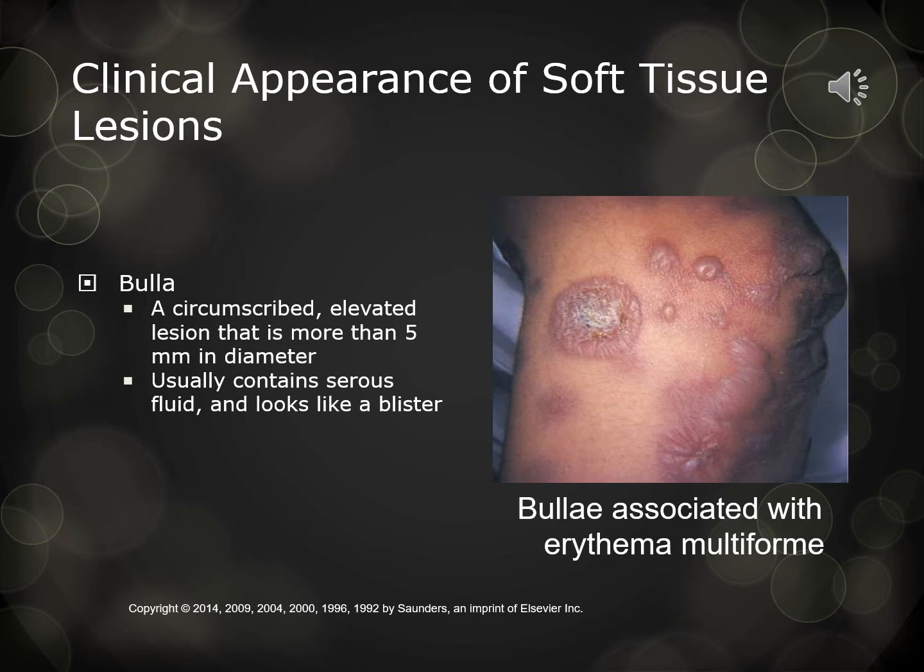When they're grouped together, it's called bullae, and this is seen in erythema multiforme, which occurs when the skin's immune reaction to an infection or medication can trigger it, combining the Latin word erythema, redness, and multi, many, and form, shaped, as described with the rash on the body where each mark resembles a bullseye.